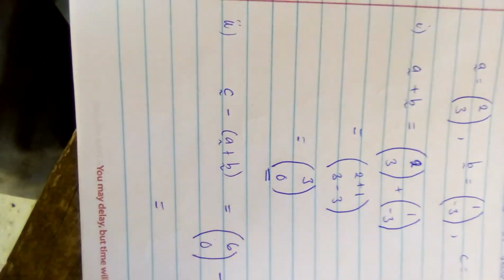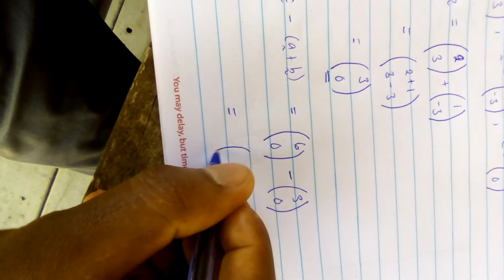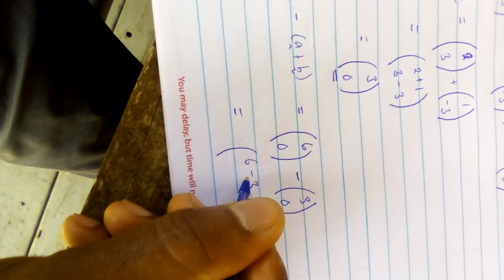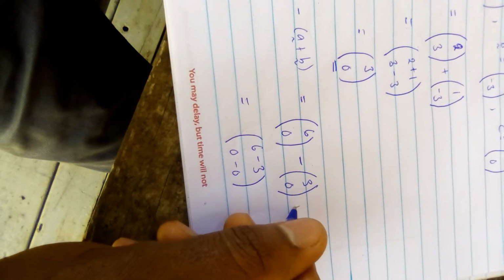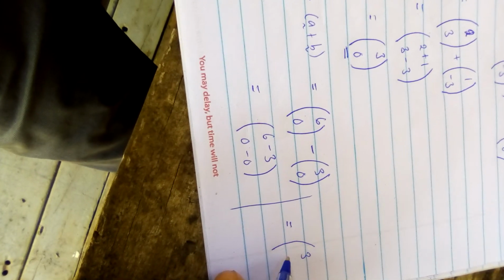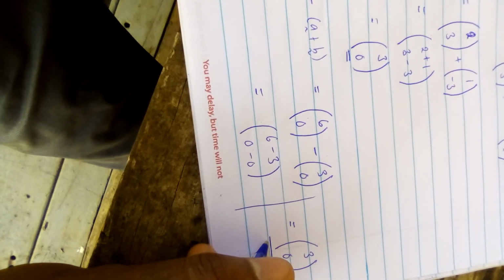We still deal with corresponding components, so I have 6 minus 3, and 0 minus 0, such that C minus the bracket A plus B equals (3, 0).